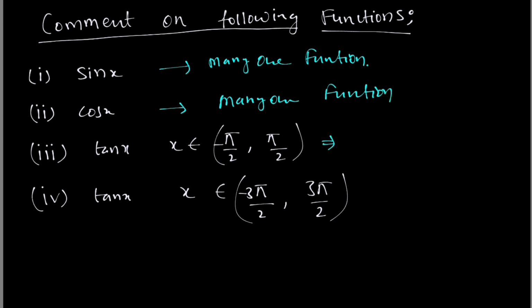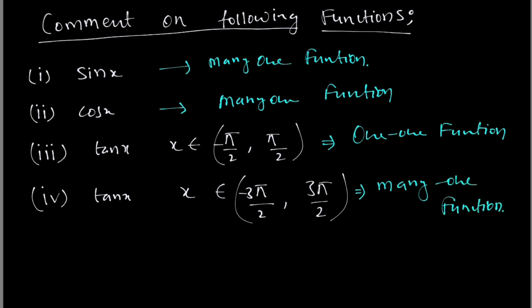When it comes to tan x, between minus pi by 2 and pi by 2, it is a one-one function, since the horizontal line test cuts the tan x curve only once. For x values from minus 3 pi by 2 to 3 pi by 2, the horizontal line cuts the tan x curve at more than one point. So I can write tan x within this domain as a many-one function.